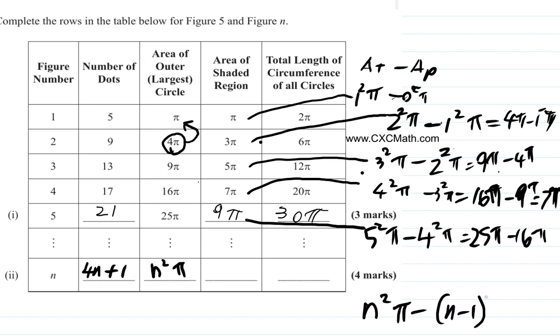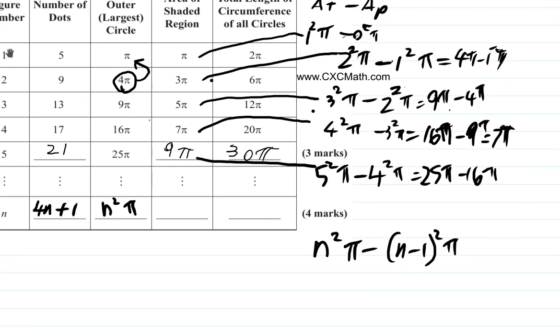N minus 1 squared pi. You see that? Alright? So here, if you simplify this now, you get n squared pi minus n minus 1 squared pi.